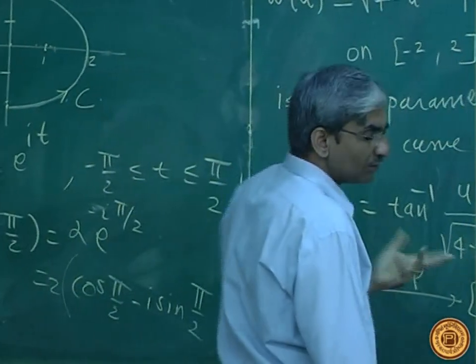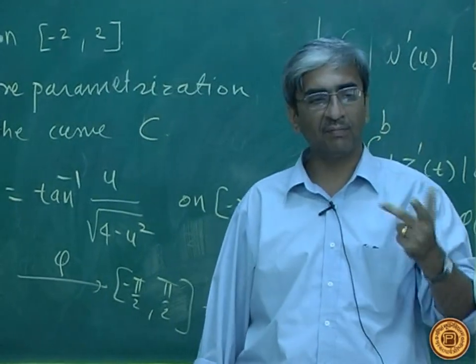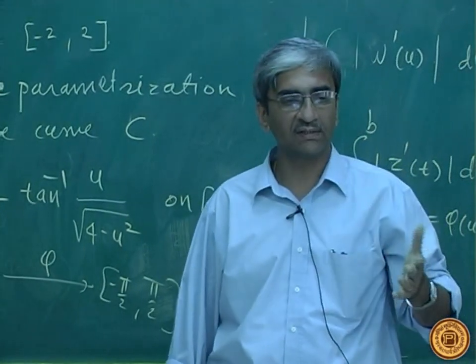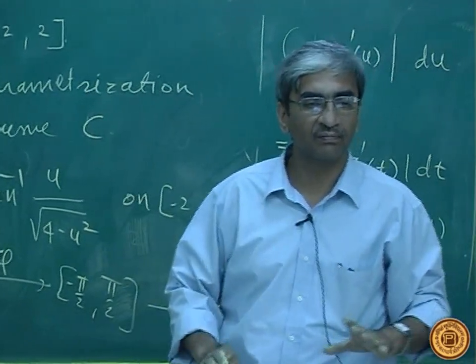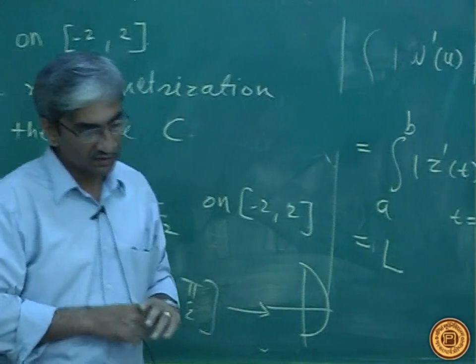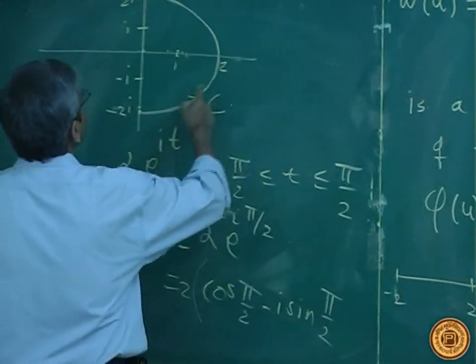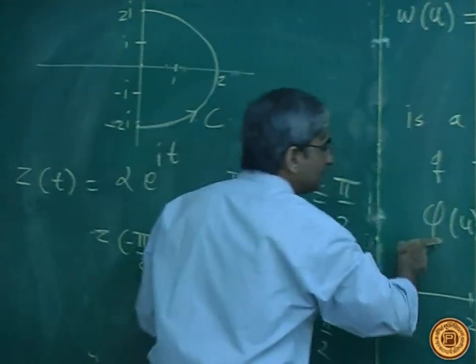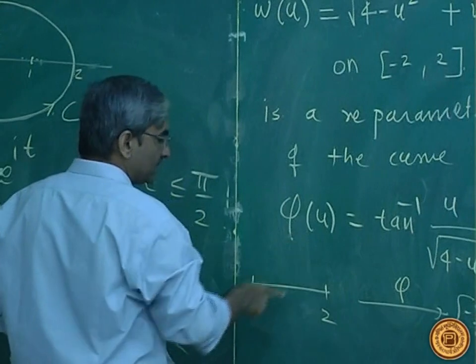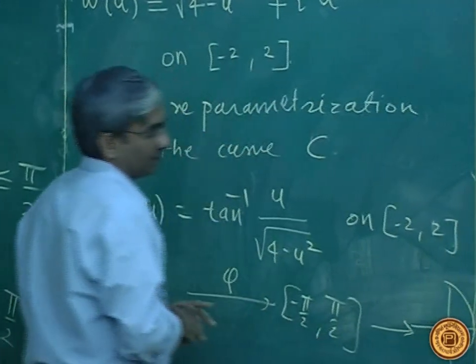Okay. There are two parameterizations, but that is fine. A curve may be parameterized in a variety of ways, but a reparameterization will not change the length of the curve. Okay. So that is the idea of reparameterization. Is this clear? I have shown that this curve can be parameterized in two ways. And this is the intertwining function which will take you from one parameter interval to the other parameter interval.